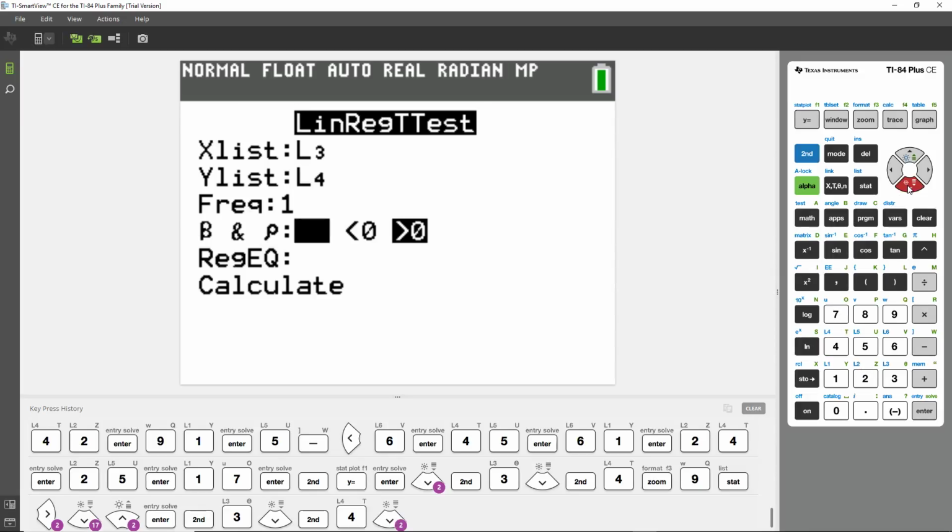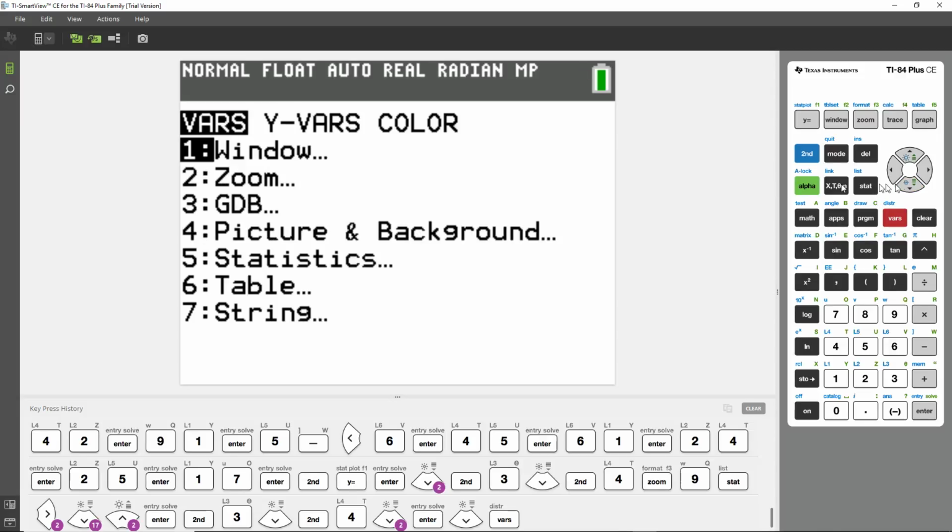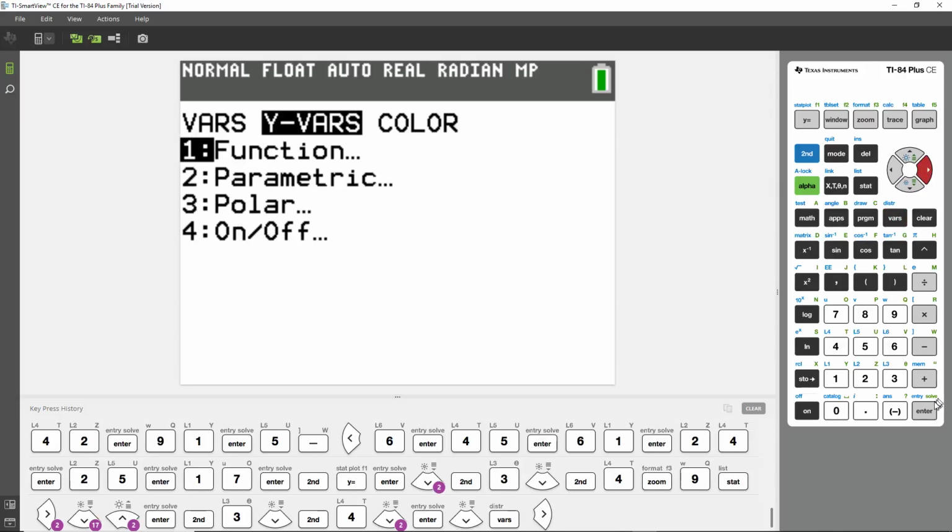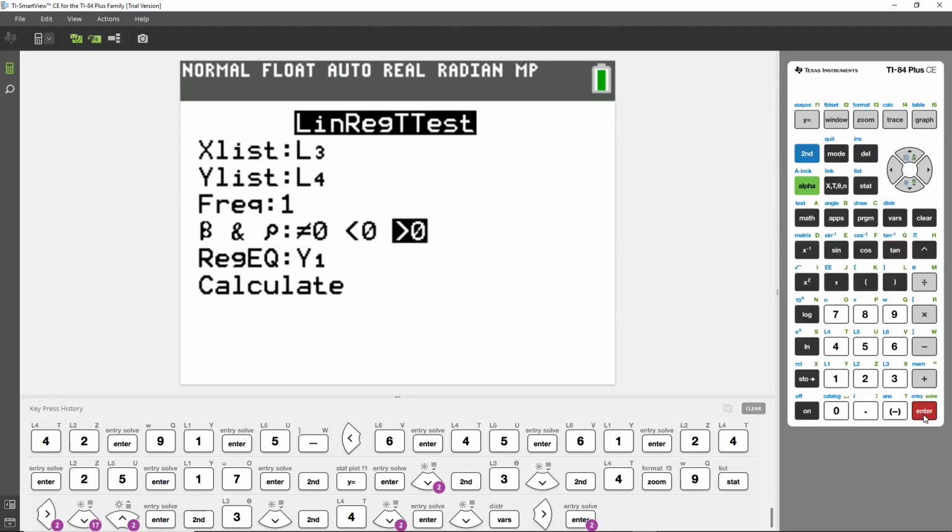And we're saying that rho is not equal to. And I can put my regression line in there. I might as well. Which stores my regression function into Y1. And now just hit calculate.